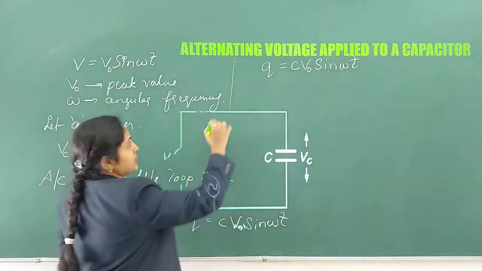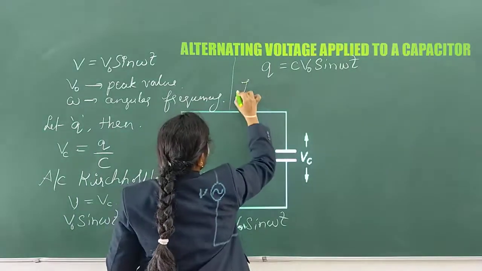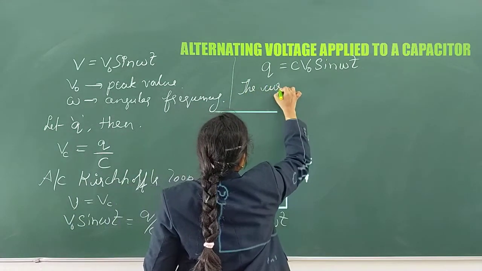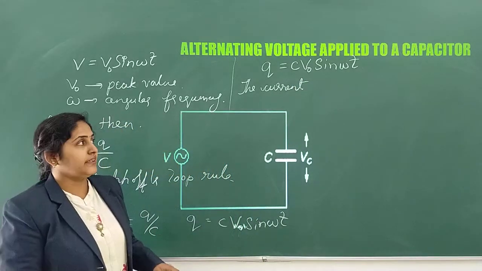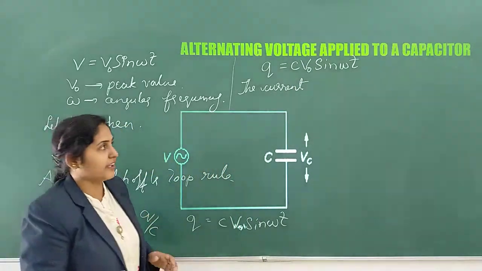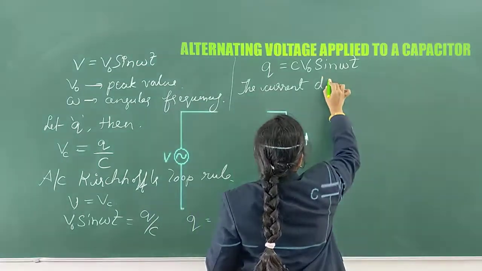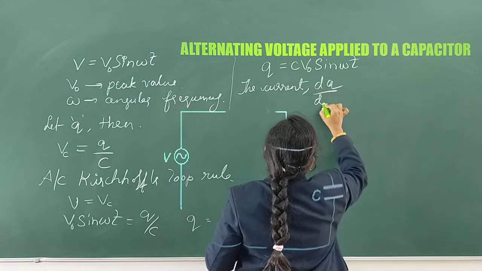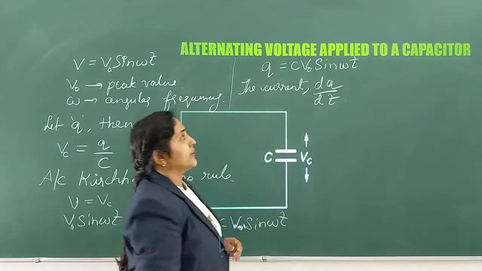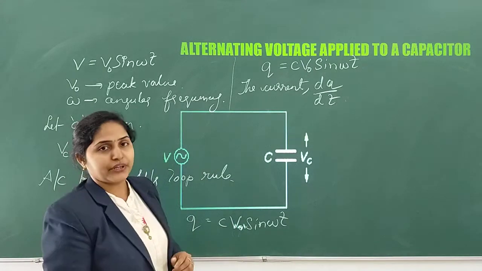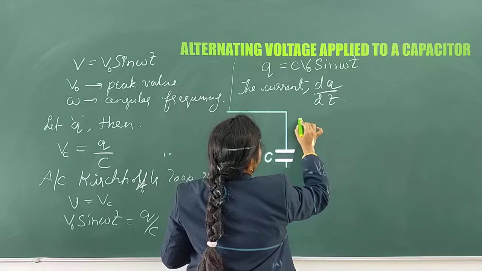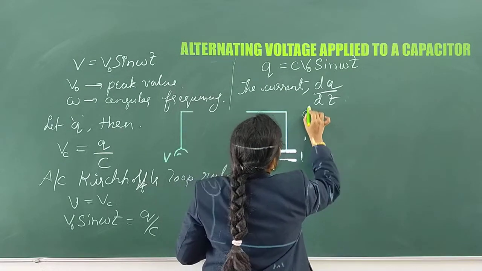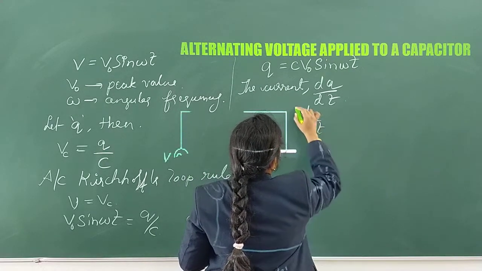But the current in the circuit at any instant of time is dq by dt. So let us differentiate this Q equation. On differentiating, dq by dt is nothing but the current.